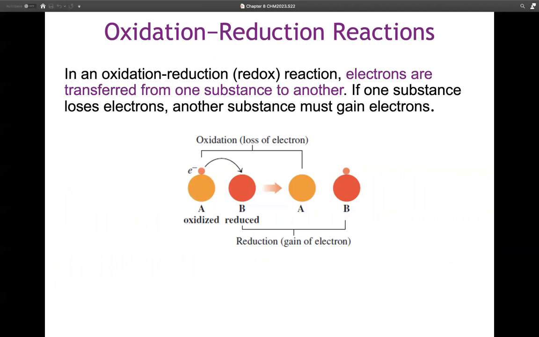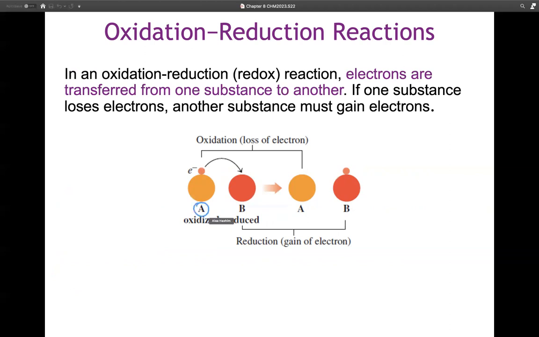So an electron on a given substance, let's call it A, ends up being transferred to another substance called B. That's an example of a redox reaction. One substance or atom is gaining an electron and the other is losing an electron.